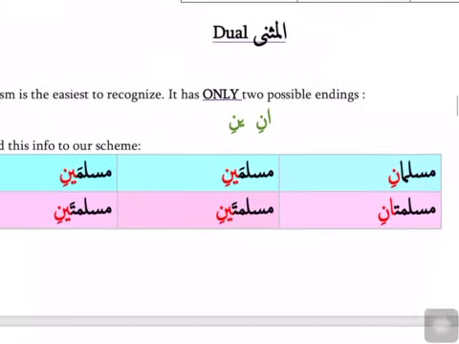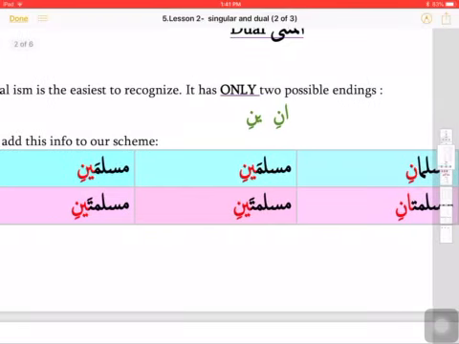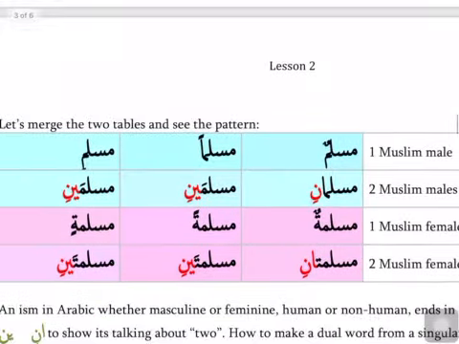We had the chart above, Muslimun, Musliman, Muslimin. If we want to talk about two, this is how you will see: Muslimani, Muslimaini, Muslimaini. Muslimatani, Muslimataini, Muslimataini. Let me show you how that came about.